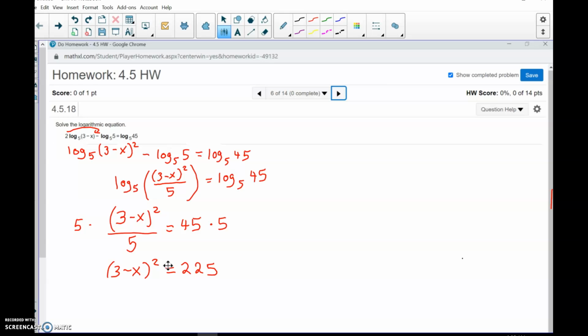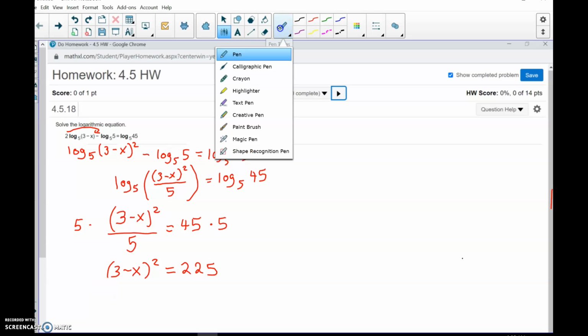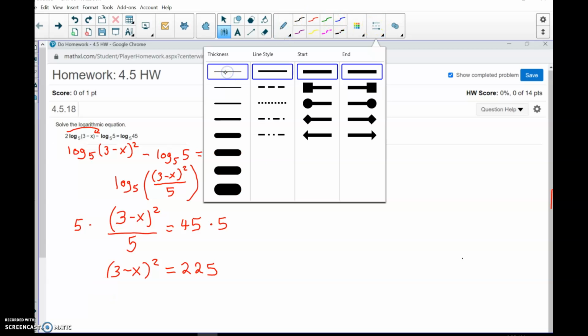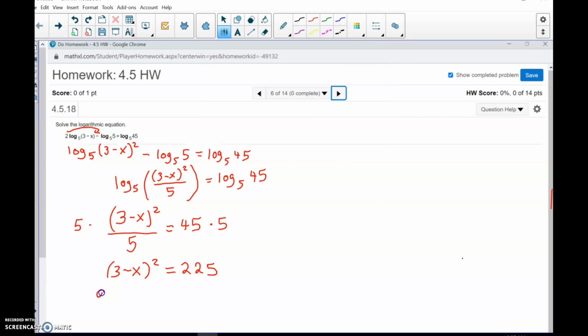Okay? So when I multiply this together, I get 9, because 3 times 3 gives me the 9, minus 6x, so 3 times negative x, and negative x times 3 gives me negative 6x.